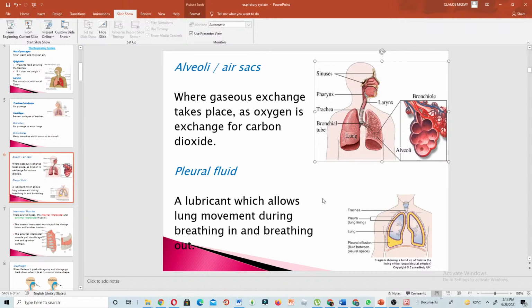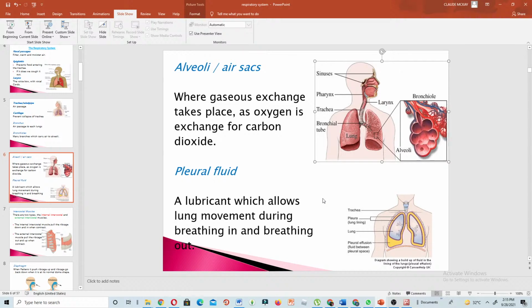So they are saying that the lubricant allows lung movement during breathing in and breathing out. Whenever you're breathing in, the lungs normally expand in size, and that means they get larger. That simply means that the lungs are going to go closer to those bones that make up the rib cage.